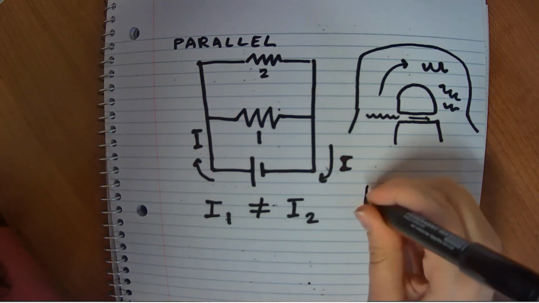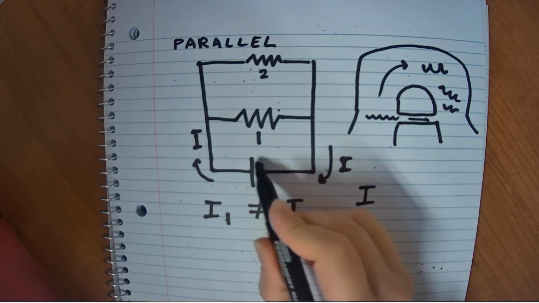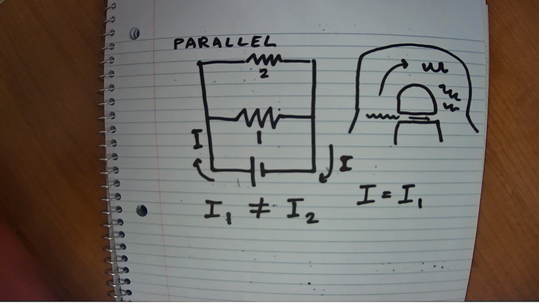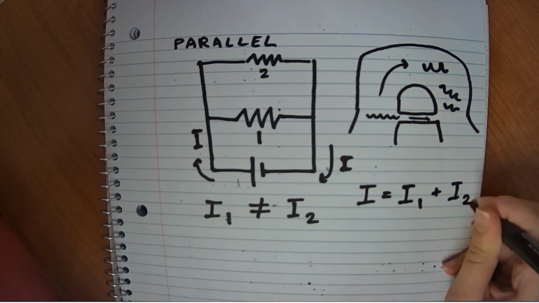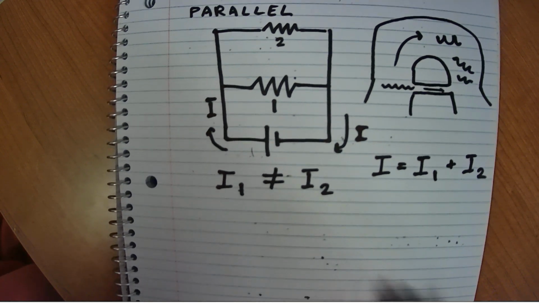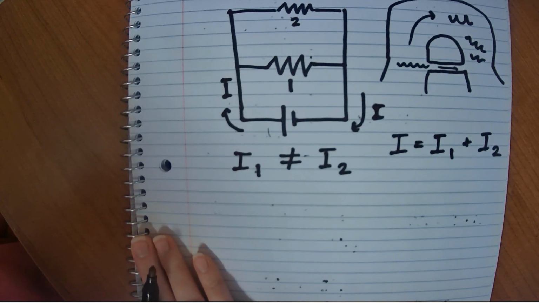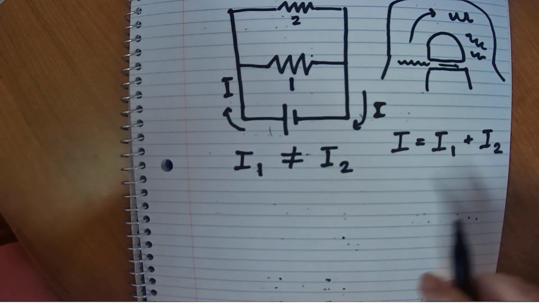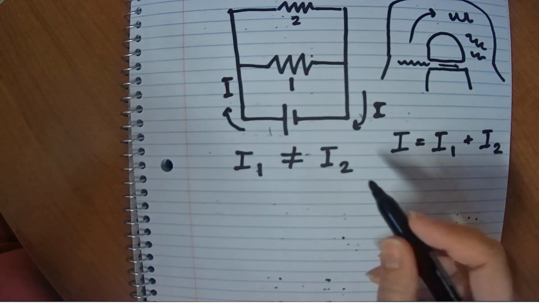But in fact, we actually know that the total current across the battery is equal to the current that flows through 1 plus the current that flows through 2. And so we can go back to Ohm's law, and we can apply Ohm's law to what I wrote just right here to find the equivalent resistance across both these resistors.